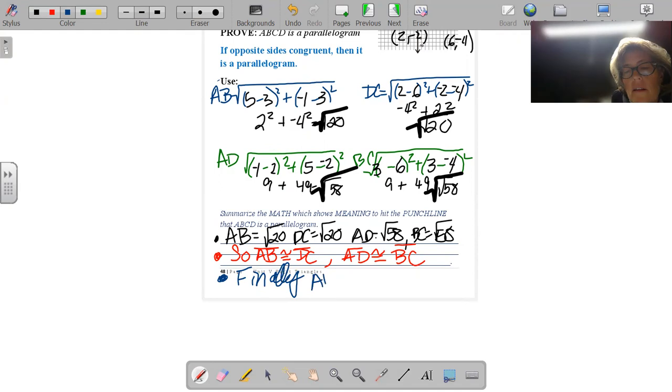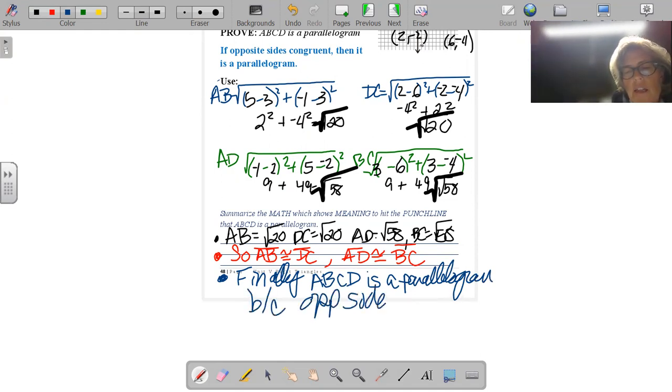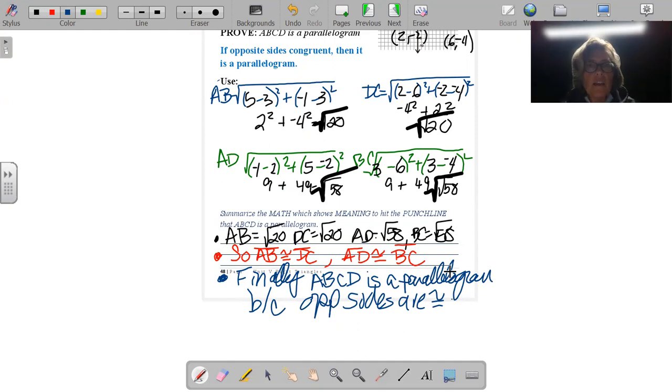Finally, ABCD is a parallelogram because opposite sides are congruent. Math, meaning, punchline. Gotta have all three.